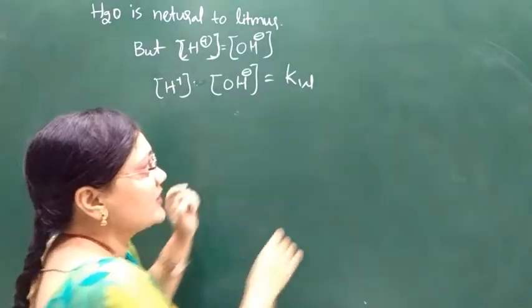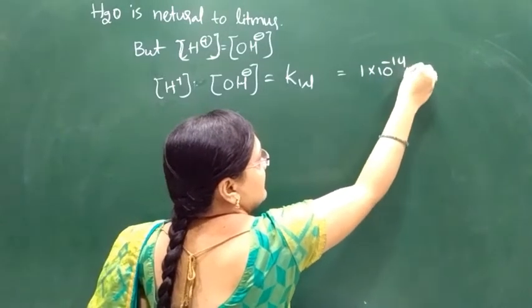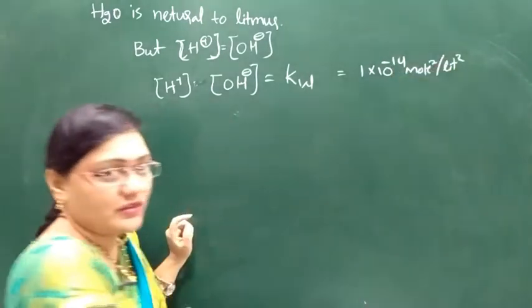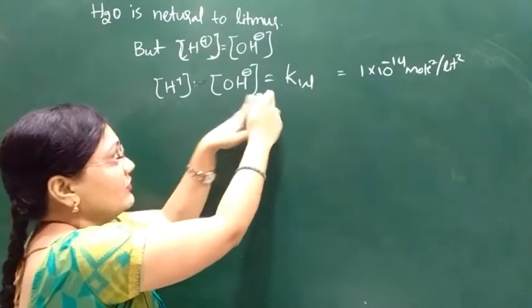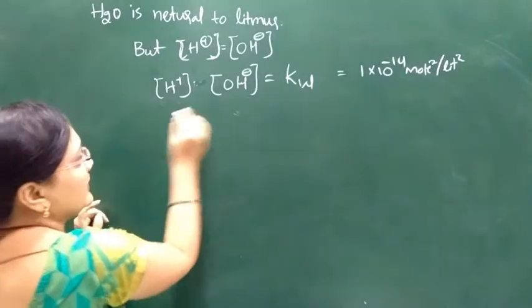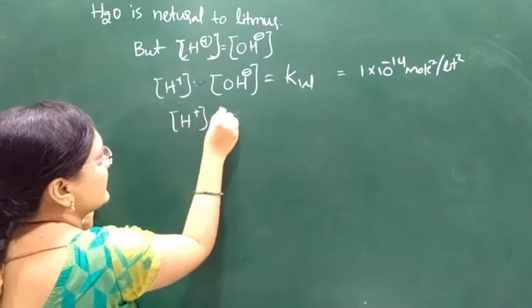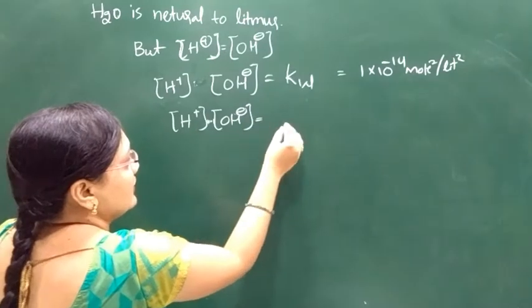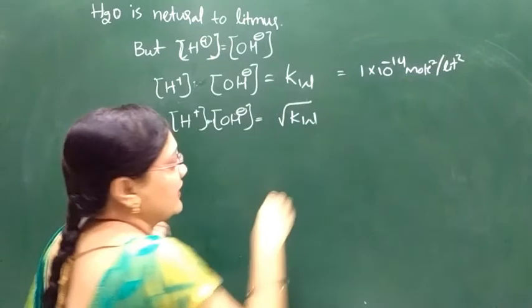The value of the ionic product of water is 1 into 10 to the power of minus 14 mole square per liter square. The concentration of H plus ions and OH minus ions are each equal to the square root of Kw.